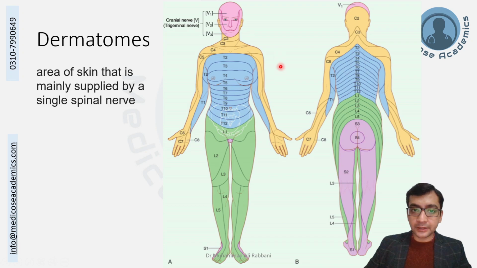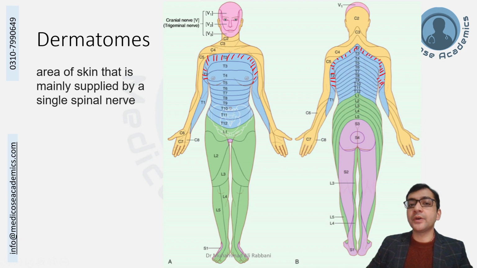Like here, T2, the nerve exiting from the second thoracic segment of the spinal cord, the second thoracic spinal nerve, this is the area of its supply, on the front and on the back.